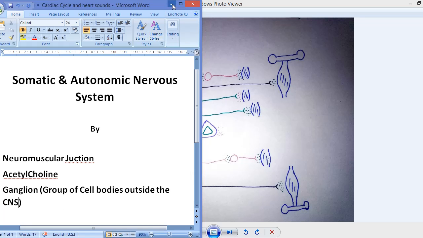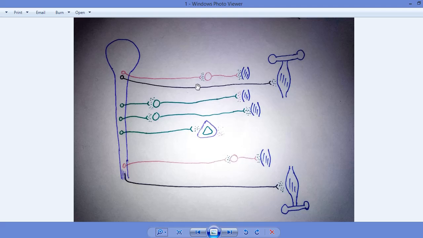Over here, the connection between the axonal nerve ending of this neuron with the cell body of another neuron, this gap, is called synapse.